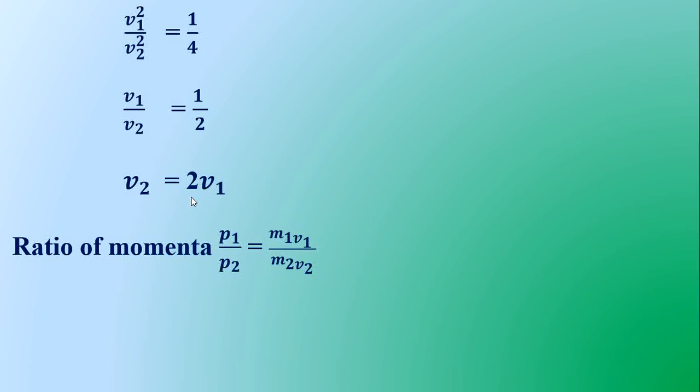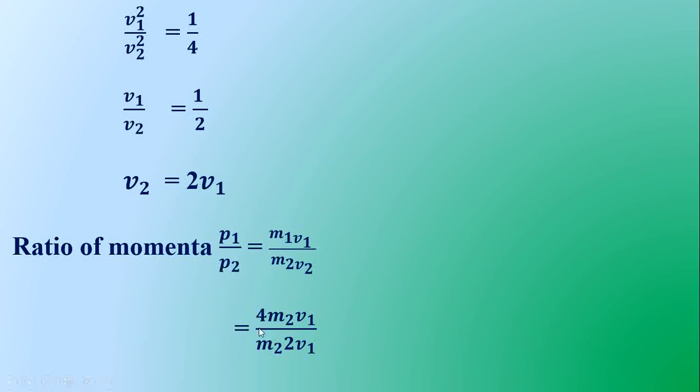So now we have to find the ratio of momenta. We know that the momentum letter is P. P is the linear momentum. So P1 by P2 is equal to m1 V1 by m2 V2. What is m1? 4 m2, and then we write V1 as it is, and m2, and what is V2? 2 V1.